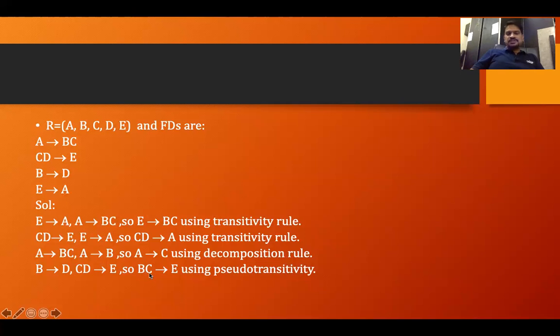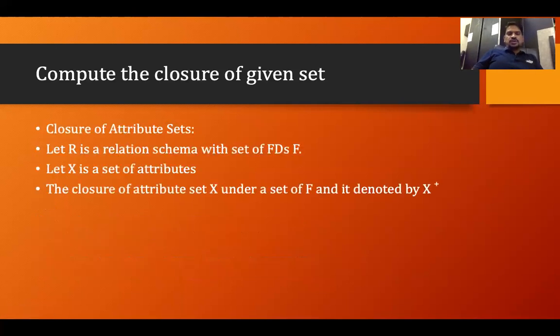So it will be BC determine E. You can write B here or C here, it doesn't matter because it is in the left hand side part and both are union. B determine D, CD determine E, so D could be replaced with B. So CB determine E. That is with the pseudo transitivity inference rule. So this is the example to tell you that with the help of inference rule, how we can determine additional functional dependency. Now let's talk about the closure, how we can compute the closure.